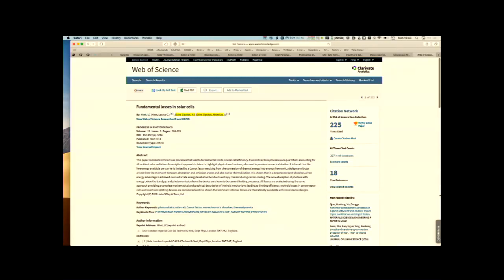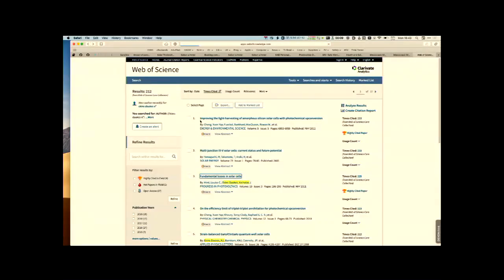All right, so we've had a look at a few of the things that Web of Science will do for you. What you can also do, particularly if you've searched a particular person, and in this case we have searched myself, is click on this one, Create Citation Report.